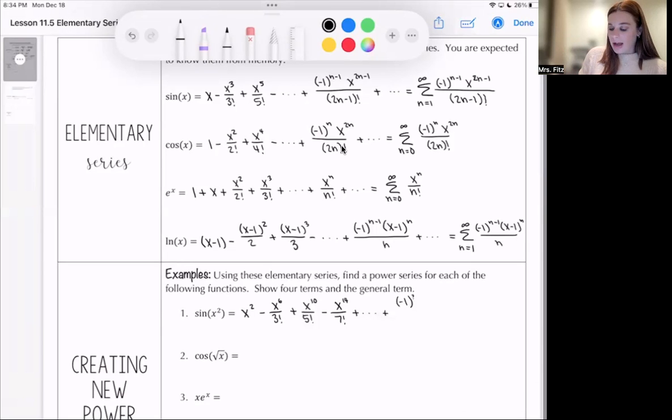And then we have x to the, now it's 2 times an odd number, right? So x to the 2 times 2n plus 1 should work if we decide to index, let's see, at n equals 0.